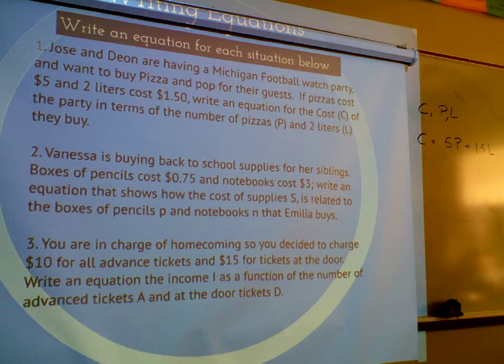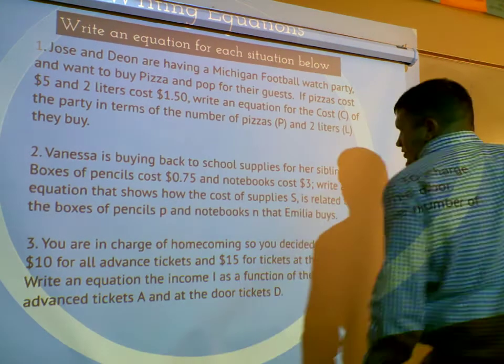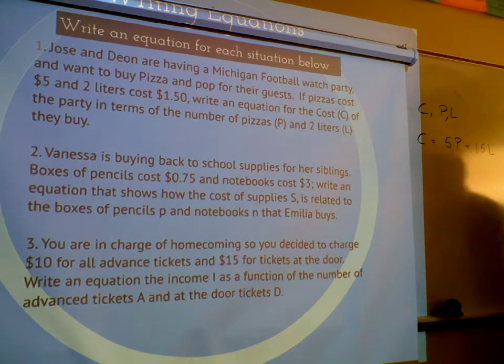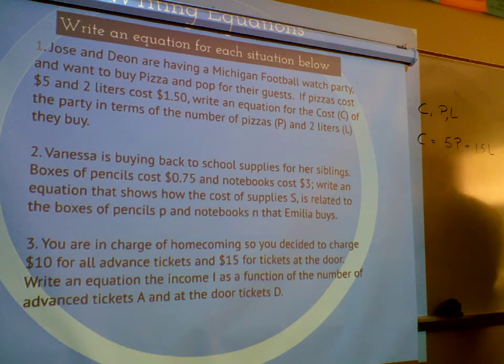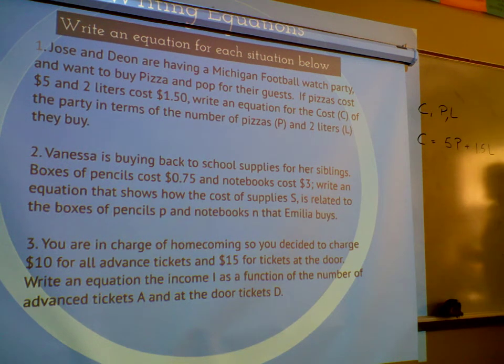All right, enough time? Let's give it a shot. Number 2. Vanessa or Amelia, either one. An older sister is buying back to school supplies for her siblings. A box of pencils costs 75 cents and notebooks cost $3. Write an equation that shows how the cost of supplies S is related to the boxes of pencils P and notebooks N that the sister buys. So, what are my variables here?